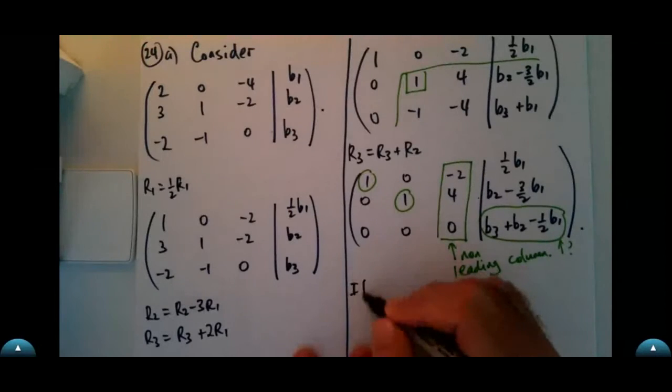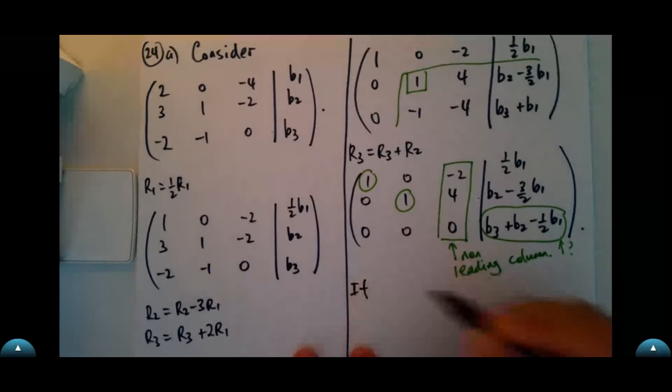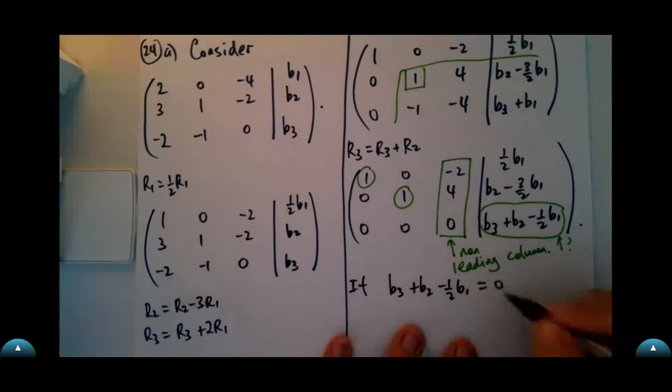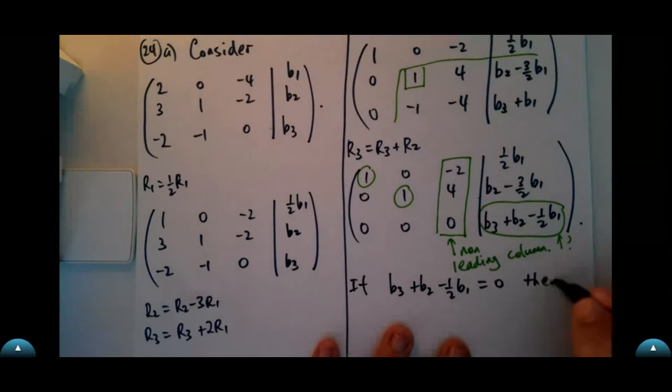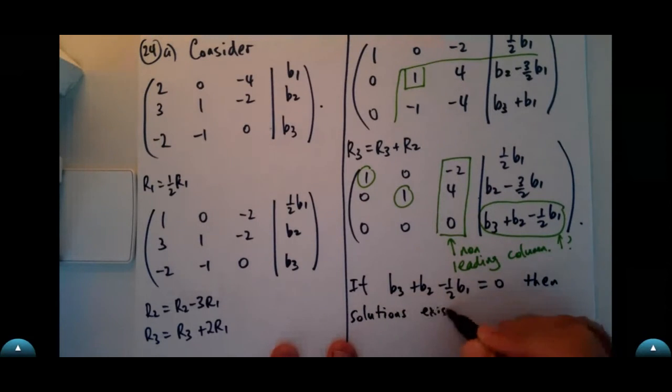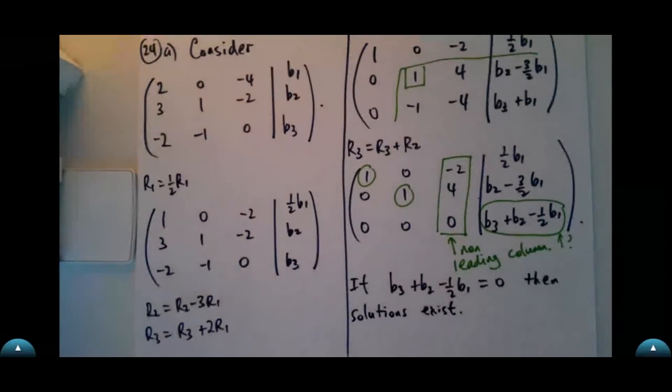So if B3 plus B2 minus a half B1 is 0, then solutions exist. Okay? Then solutions exist.